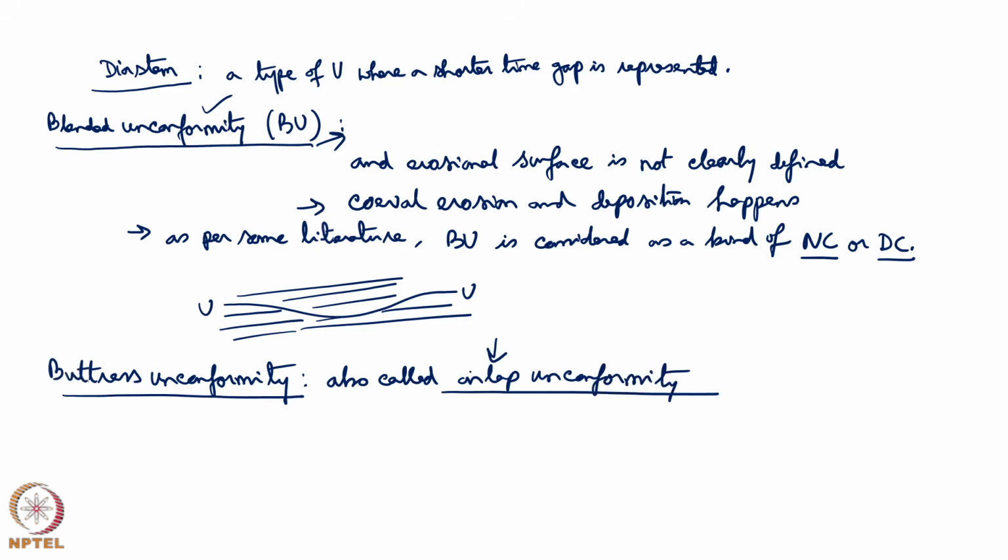This word on-lap and similar other terms will be found when I discuss sequence stratigraphy in detail. Here, in case of a buttress unconformity, beds of younger sequence were deposited in a region of significant pre-depositional topography.